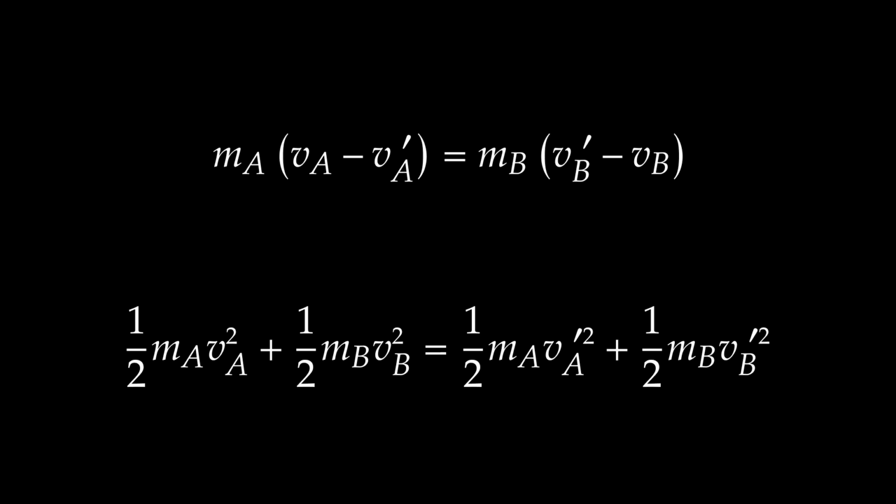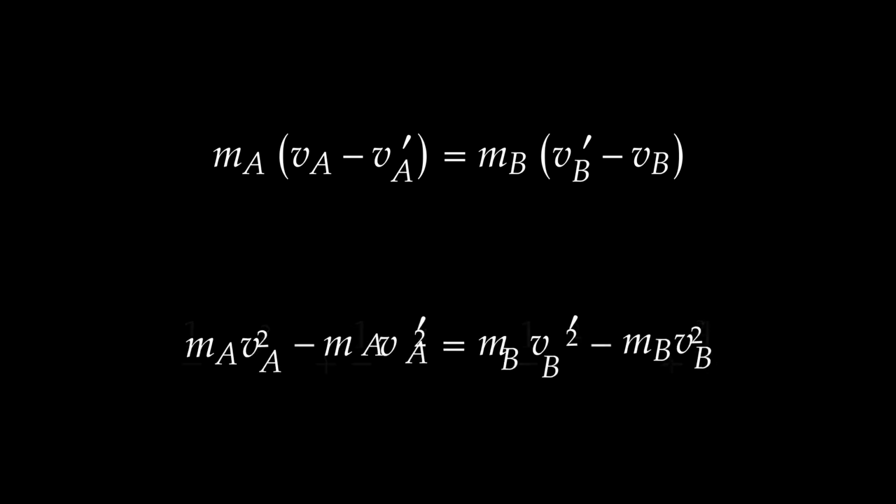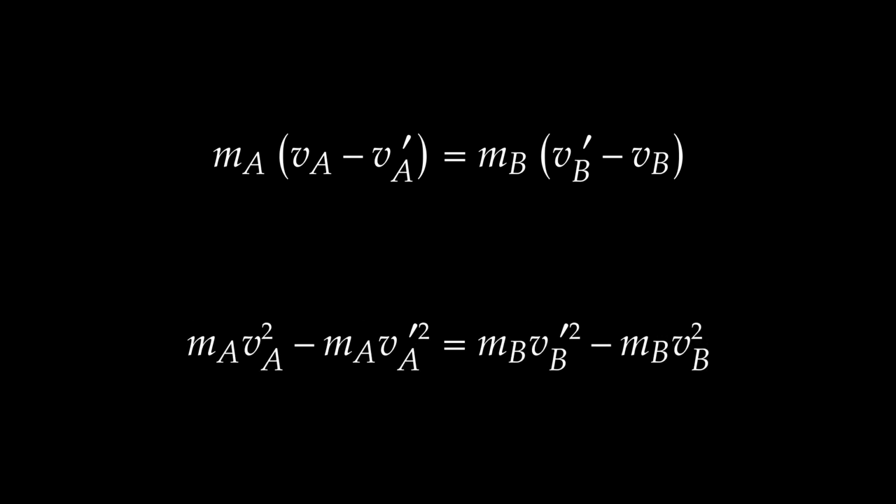And I'll do the same thing, making everything on the left-hand side A. And so I have MA VA squared minus MA VA prime squared is equal to MB VB prime squared minus MB VB squared. A's on one side, B's on the other. And again, the same situation has happened as with my momentum equation. I'm doing this lovely little parallel thing here, where the masses can be factored out on both sides. That's a perfectly fine thing to do.